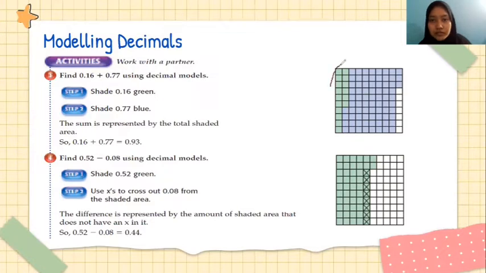This is the green one. And next, shade 0.77 as the blue one. So this is the blue one.